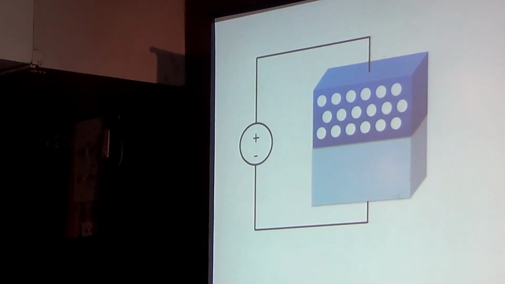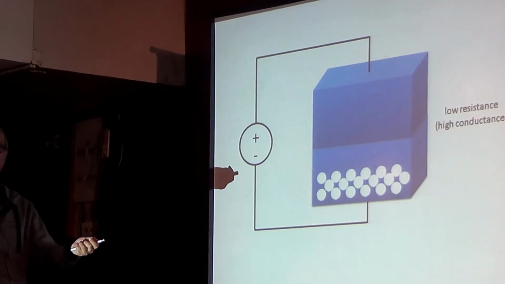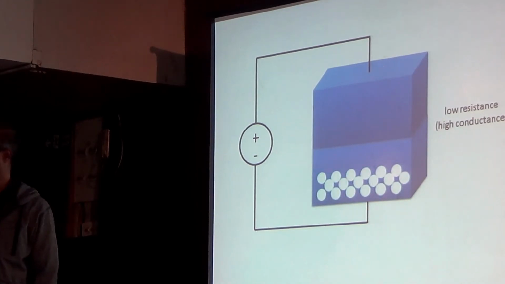Then what will happen? These oxygen vacancies will tend to move towards the negative side because they are positively charged ions, and the overall resistivity of this slab will decrease. This is the low resistance state of the device.